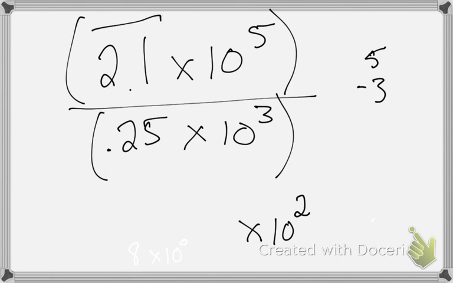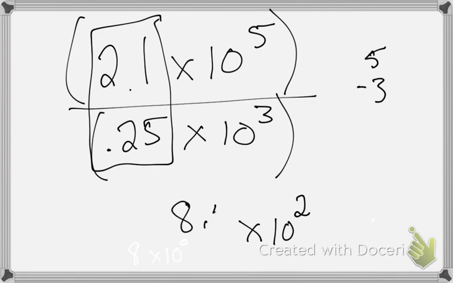Go to your calculator. What's 2.1 divided by 0.25? 8.4. There's my answer. Or you can plug all that into your calculator and push enter and it'll pop out the right answer.